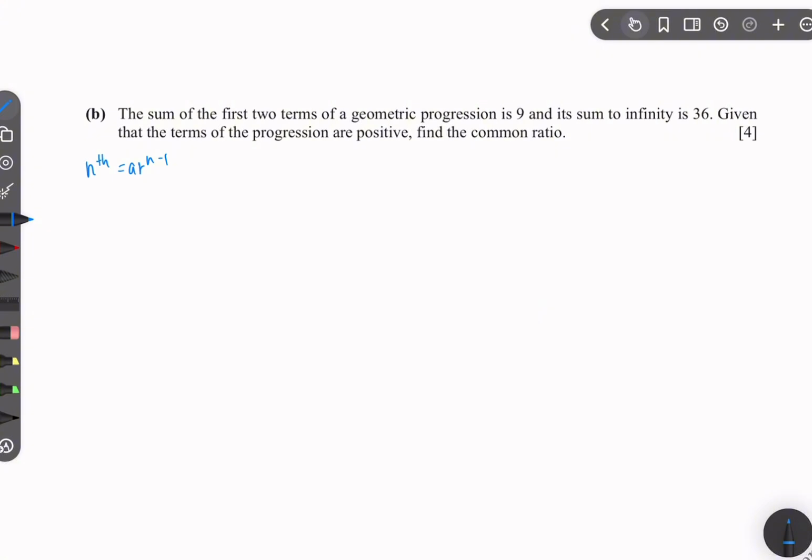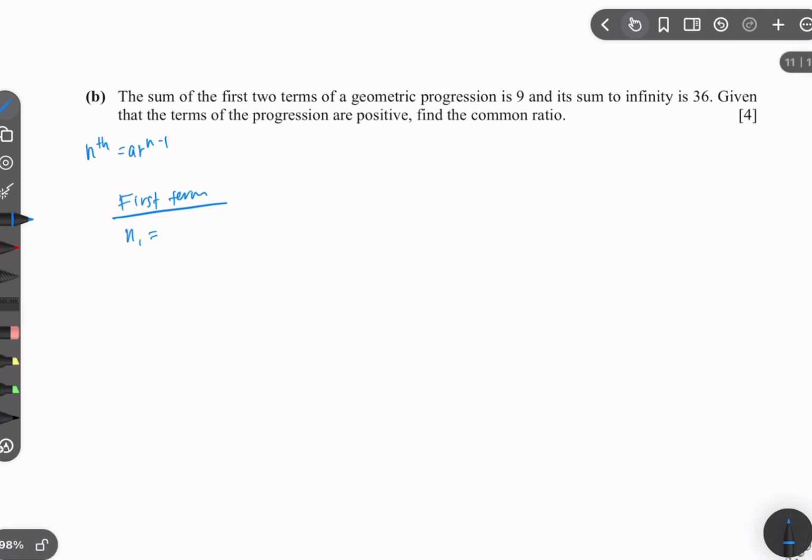It's ar to the power of n minus 1. For the first term, r to the power of 0 is 1, because anything to the power of 0 is 1, so it's just a.